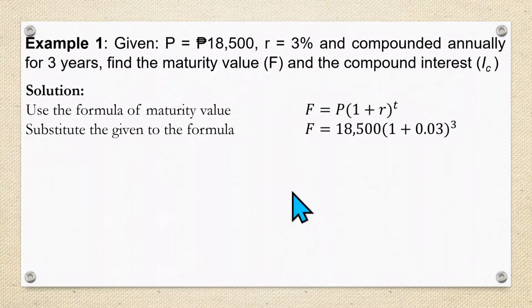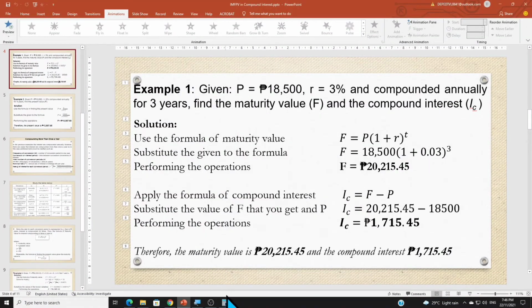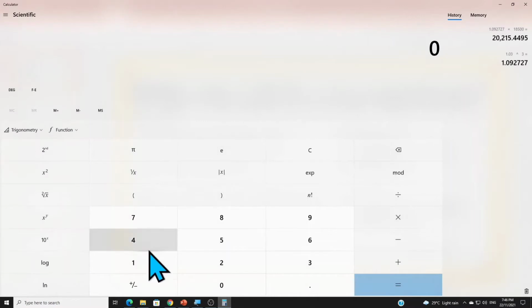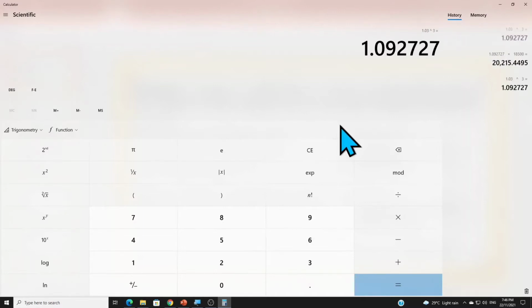Okay, so let us use the calculator. So 1.03. Gamitin natin itong function na to, yung x raised to y. Then, ang ating exponent is 3.